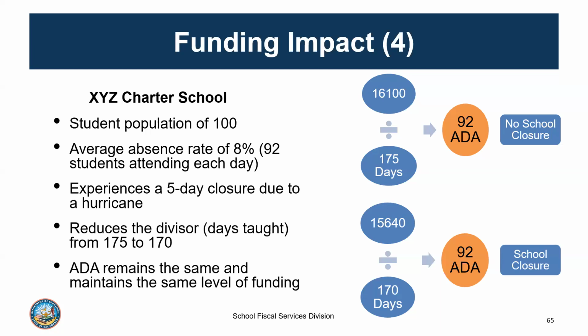This is now calculated as 92 students attending per day multiplied by the adjusted 170 days taught, which equates to 15,640 total attendance days. This adjusted attendance figure of 15,640 is then divided by the new divisor of 170 days taught. This calculation still results in 92 ADA.